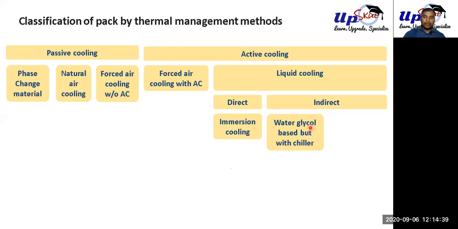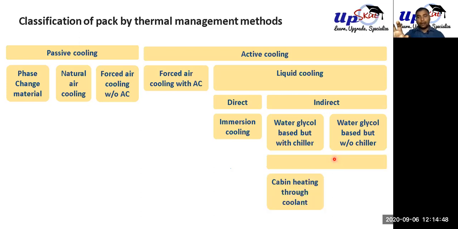Okay. Then we have others like water glycol based, but without a chiller. And next, among the indirect heatings, we have another type in which the cabin heating is done through coolant. And the next one, the cabin heating is done through electric heater or heat pump. Before electric cars, we never had to think about the energy for cabin heating, because earlier we used to have a heater pipe coming out of the engine.